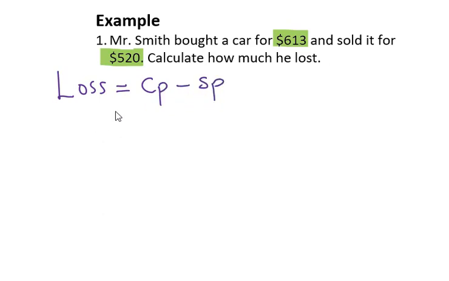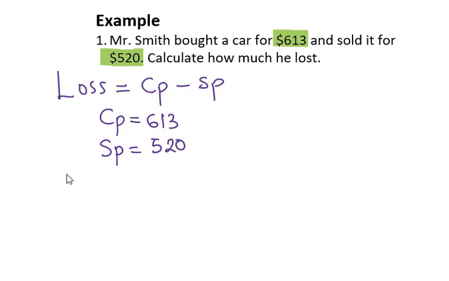But before that, what is the cost price? The cost price is what he bought it for, 613. Now the next is the selling price, how much he sold it for: $520.